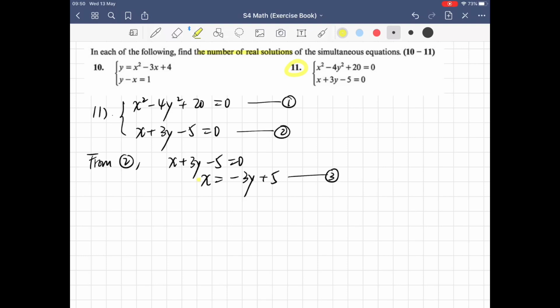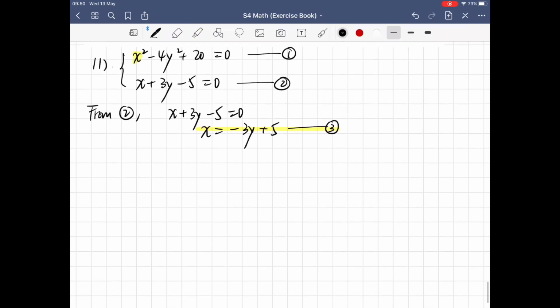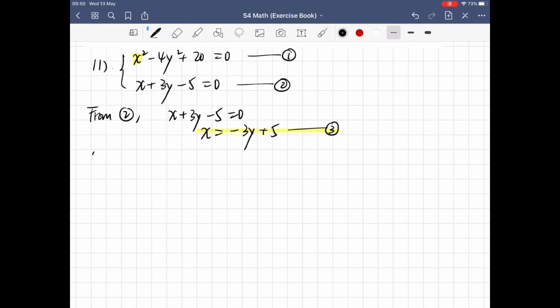Afterwards, we can substitute equation 3 back into equation 1. So we substitute 3 into 1, so that we have (negative 3y plus 5) squared minus 4y squared plus 20 equal to 0.